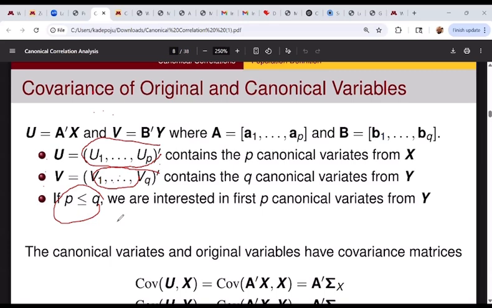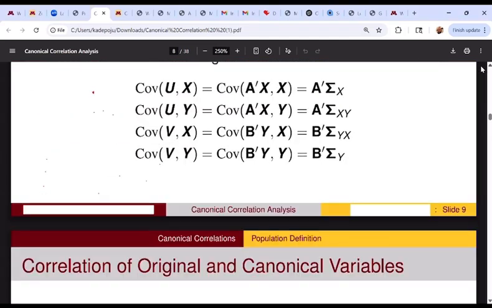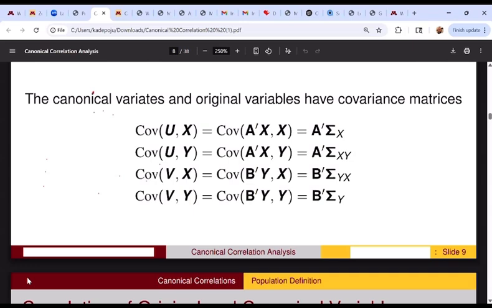Now, if I want to look at the covariance, that's what I'm doing here. Can I look at the covariance between U and X? Don't forget this particular U is the canonical variate derived from X, and we compare it with the original X. Is there any relationship?